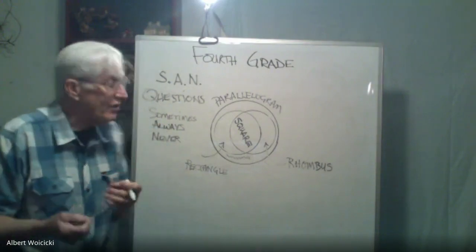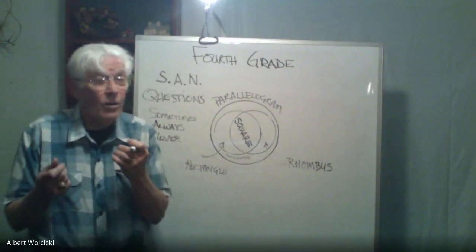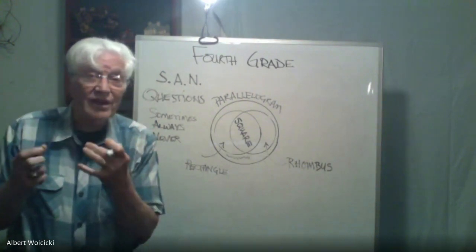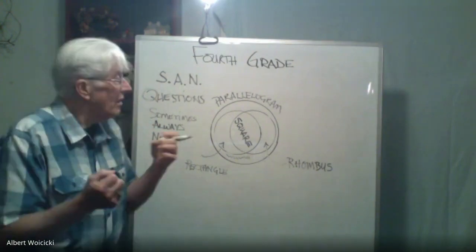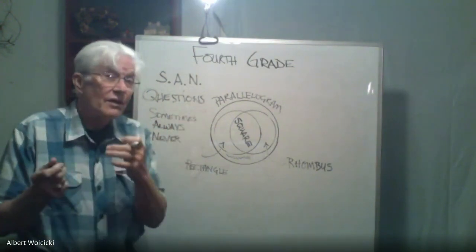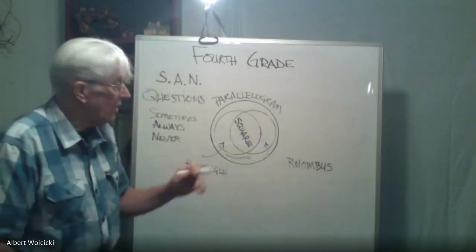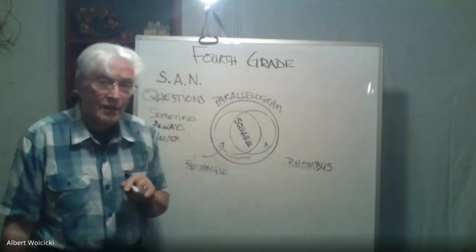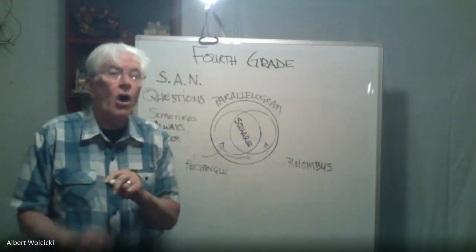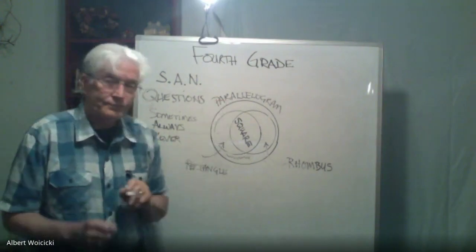So now we find the word sometimes. So it's really kind of a neat thing to think about. Things can be not always, but just sometimes. So a parallelogram is sometimes a rectangle, but a rectangle is always a parallelogram.